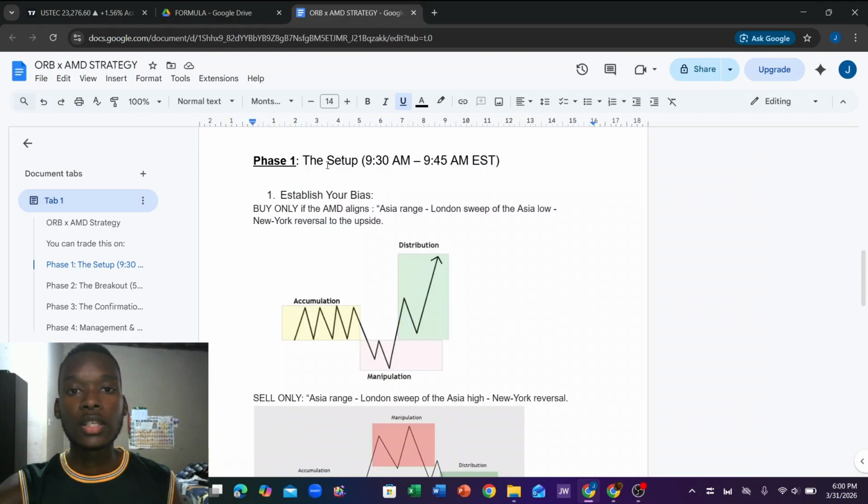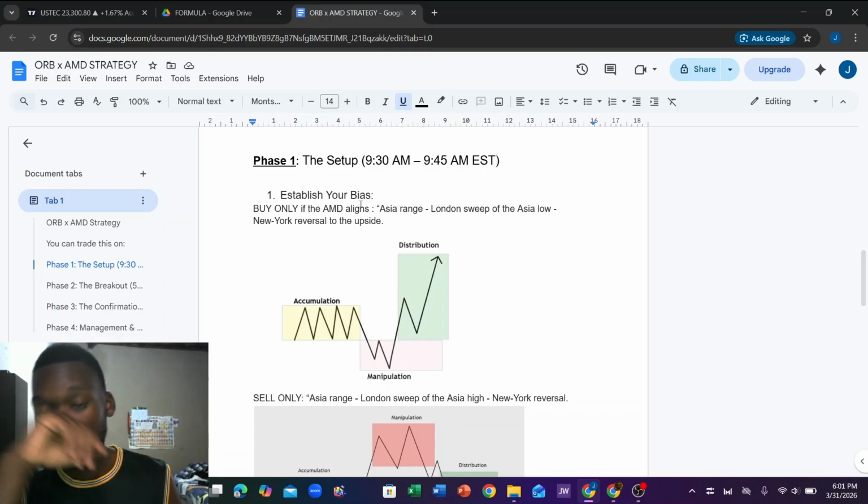Phase one, the setup, 9:30 to 9:45 a.m. Eastern Standard Time. In South Africa, this will be 3:30 to 3:45, quarter to 4. Step one, establish your bias. The first thing you do when you get into the chart is establish your bias.